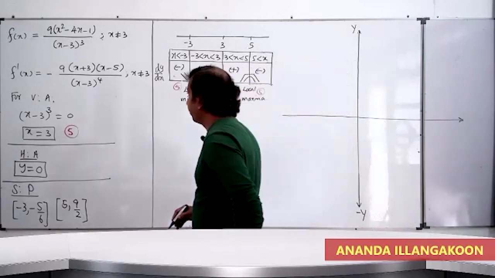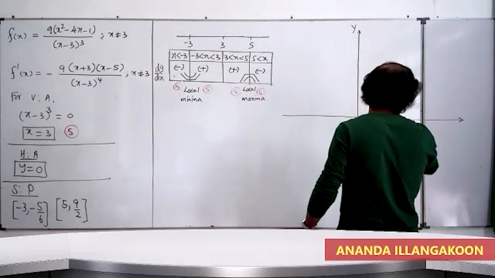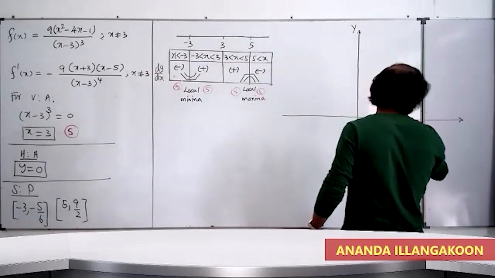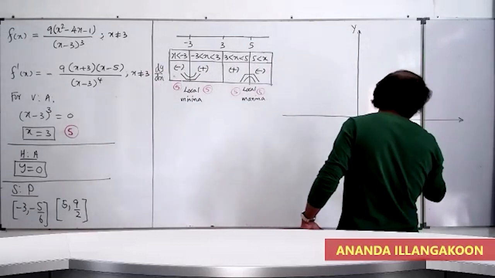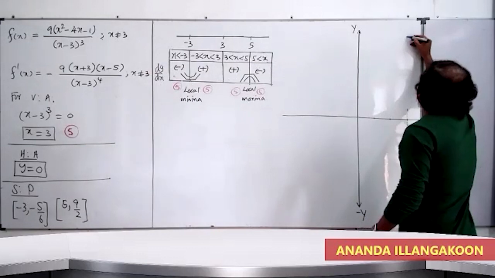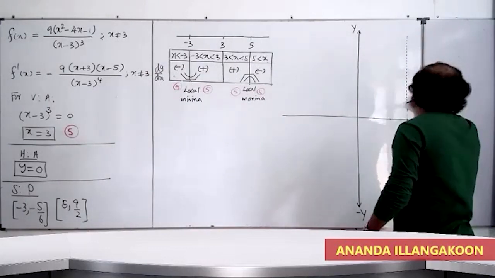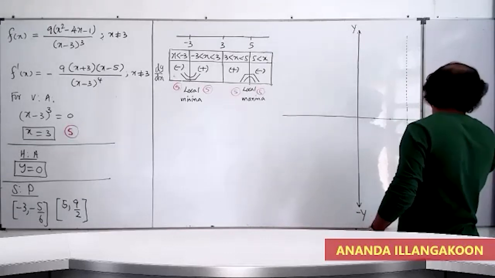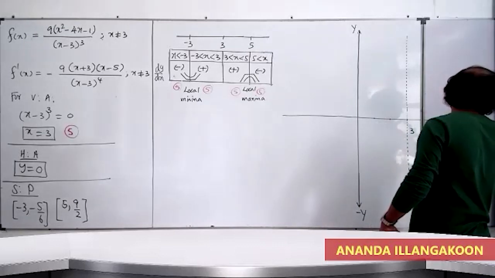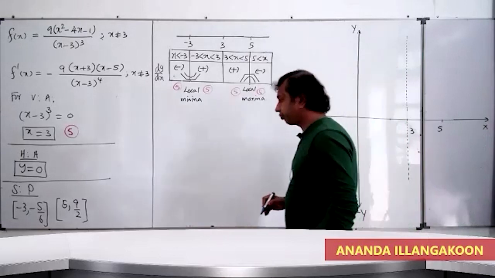Right. X equals 3, there is a vertical asymptote.